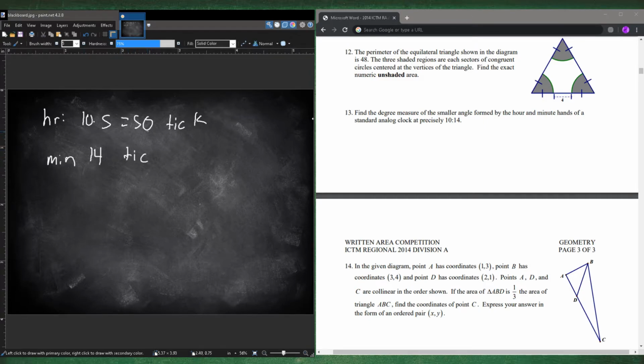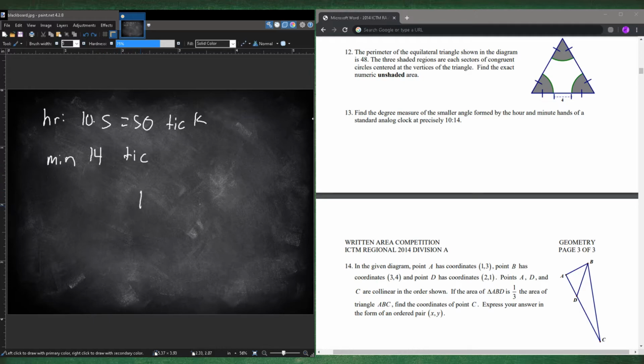But you have to think about this, because the hour hand is not exactly at the 50th tick. If it's 10 o'clock and the minute hand moves, the hour hand doesn't stay still and then turn to 11 after an hour. It moves slowly. In 60 ticks of the minute hand, the hour hand moves 5 ticks, because the next 5 ticks is the next hour.